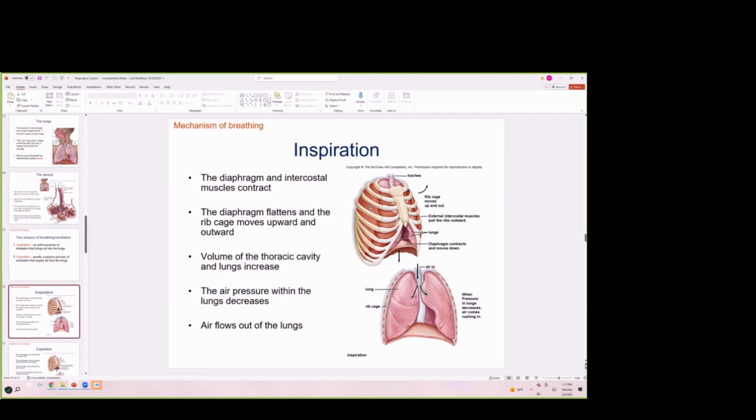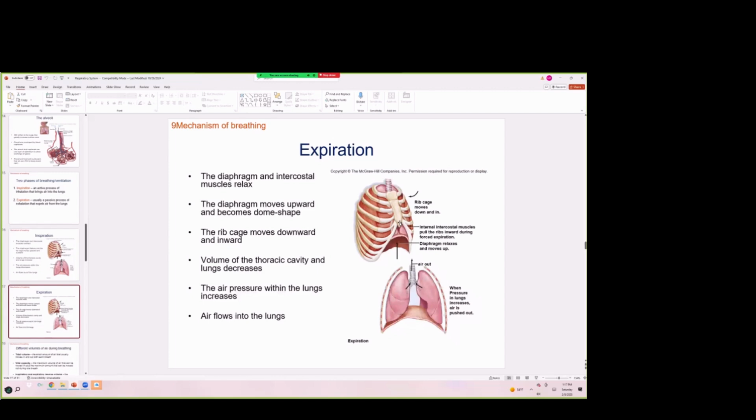During inspiration, when your rib cage contracts, rises and expands, the pressure inside is lower and air rushes in. When things come back to normal, the space is reduced. It almost presses onto the lungs, and then the air inside is forced out. Expiration, again, is the reverse of this.